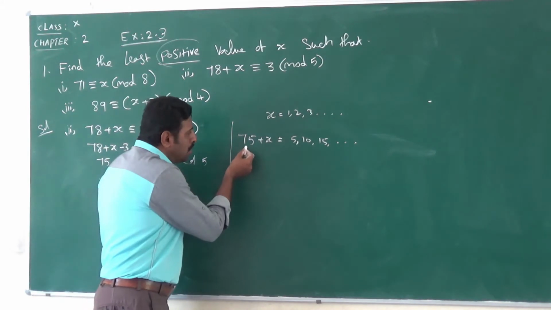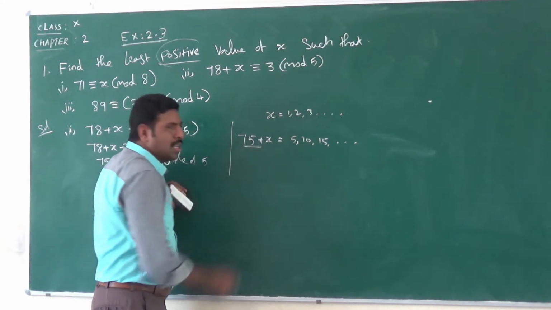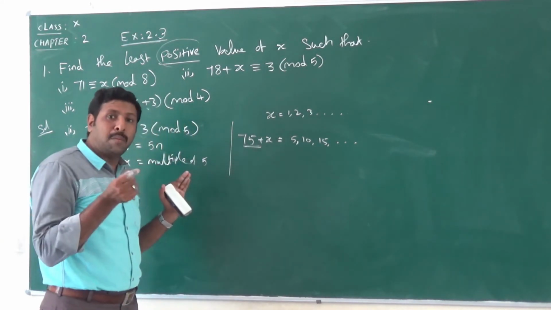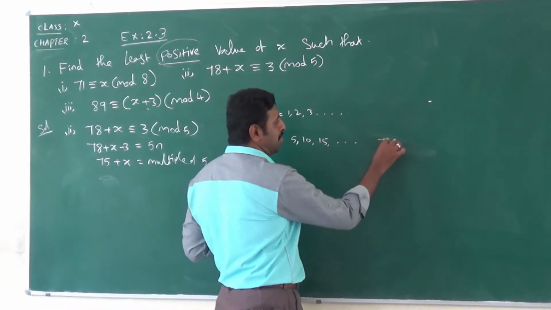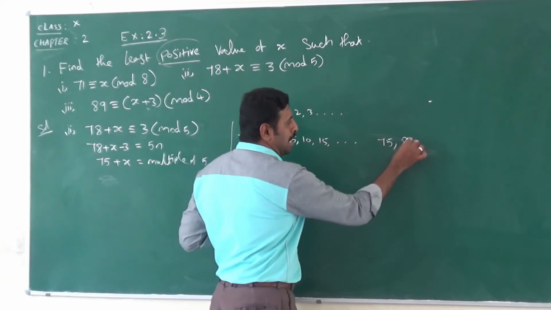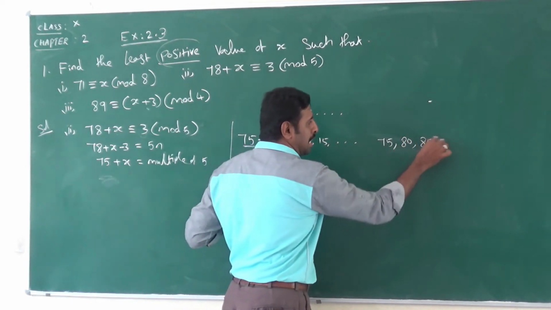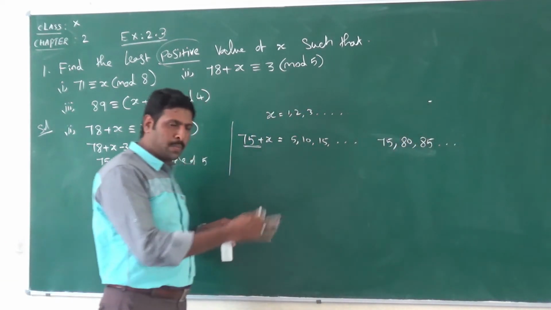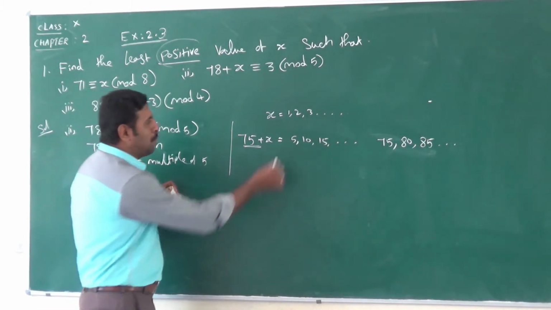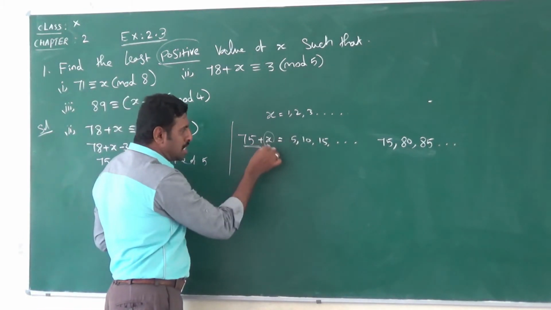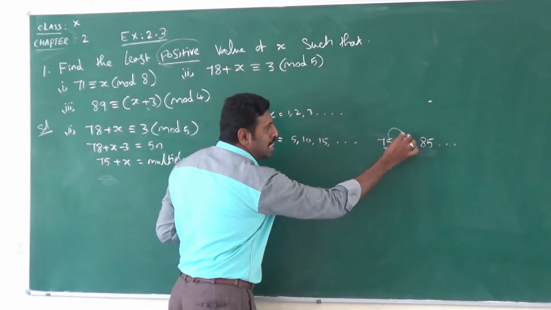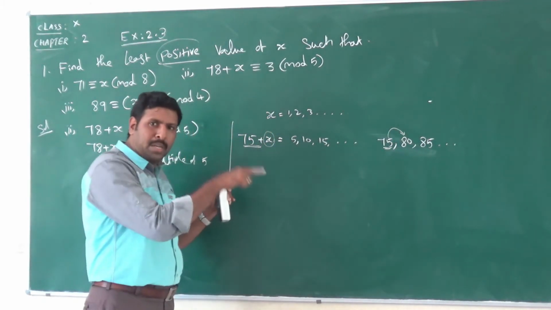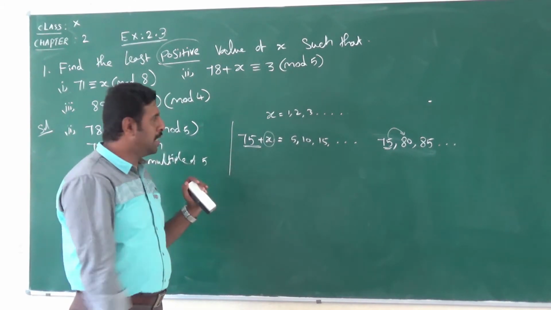We have to find the closest number to 75 that is a multiple of 5. I take 75, then 80, and then 85, like this, right? It goes on.